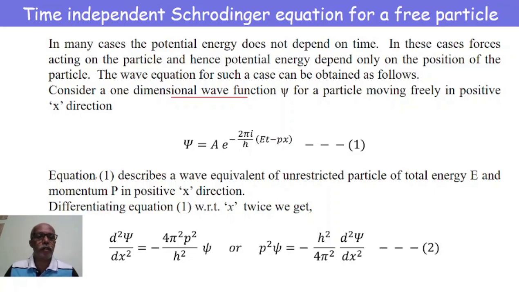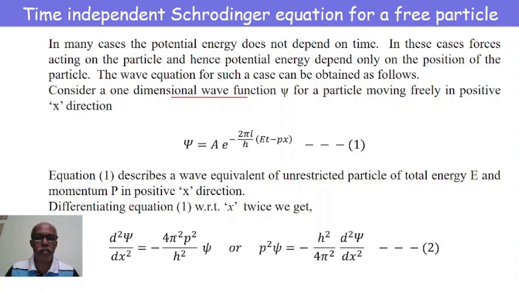Now differentiating equation 1 with reference to x twice, we get d square psi by dx square is equal to minus 2 pi i by h whole square times p square psi.